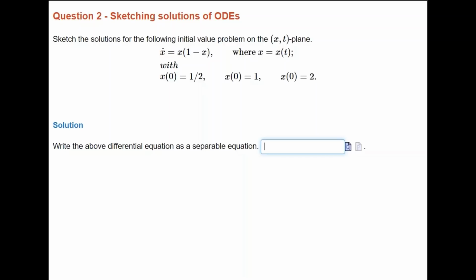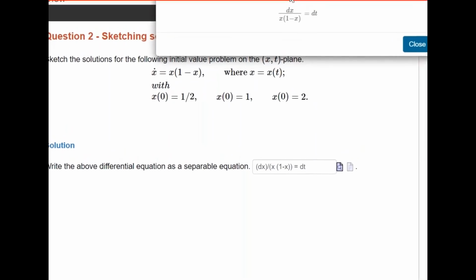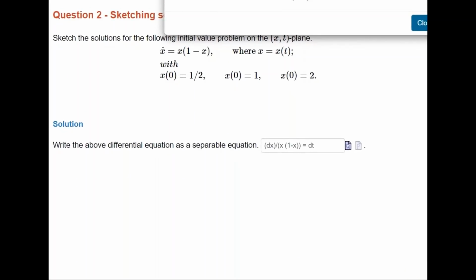So let's write down the separable form of the equation in the given window. Please do it yourself as well on pen and paper and see if your answer matches mine, because in the end we will be checking our solutions.